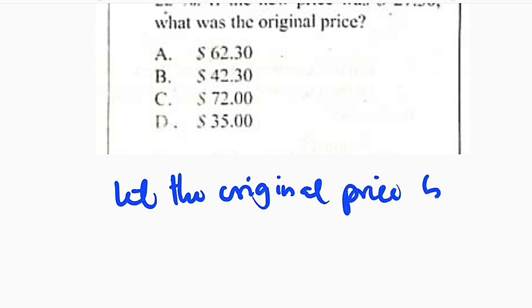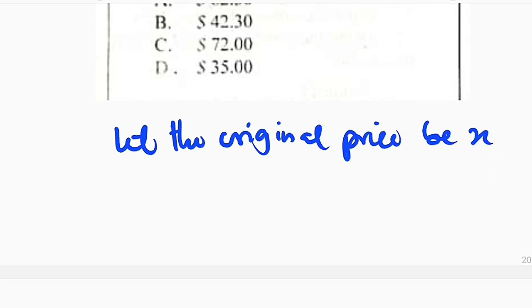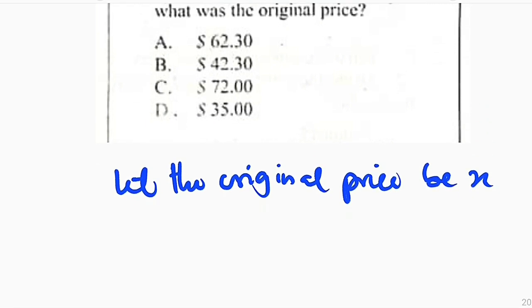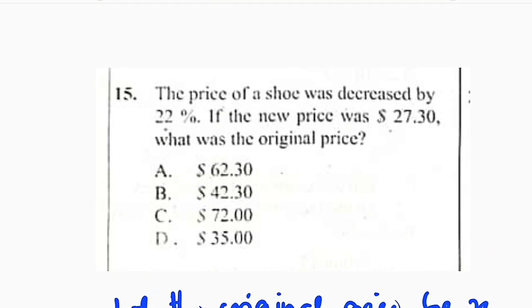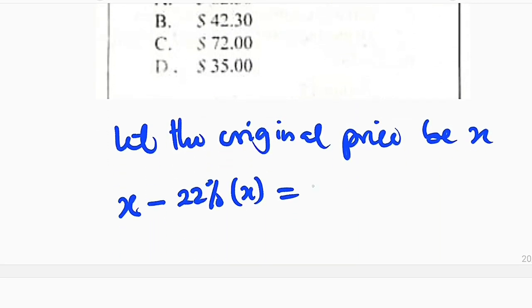Let the original price be X. So the price was depreciated by 22%. It means that if you take away 22% of the original price, which is X, you're going to get the new price, which is 27.3.